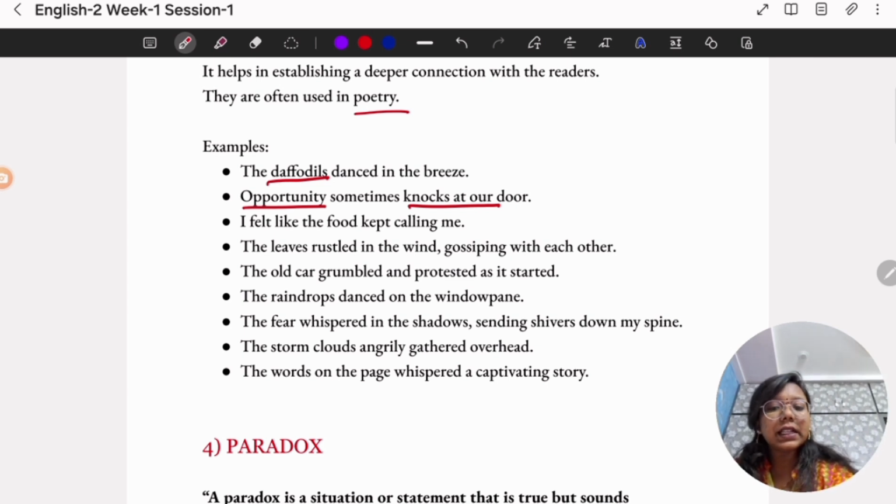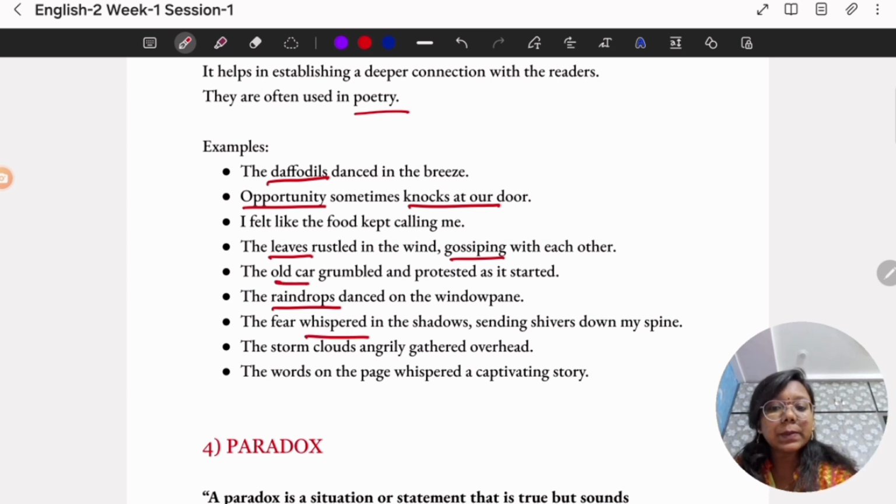The leaves rustle in the wind, gossiping with each other. Leaves do not gossip. Gossiping, calling, knocking the door, dancing, all these are human traits, human qualities. These are things that humans do. But they are being attributed to inanimate things like flowers, leaves. And see here, the old car grumbled and protested as it started. The raindrops danced on the window pane.